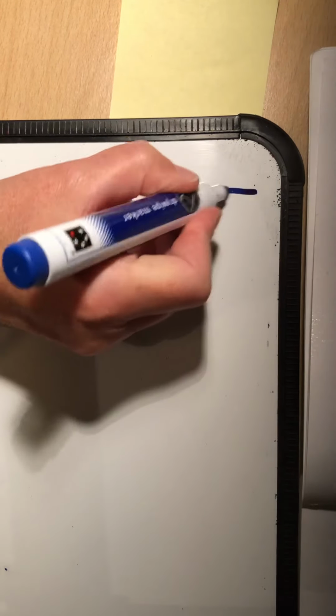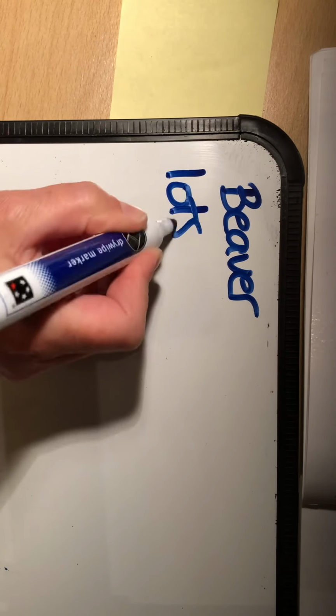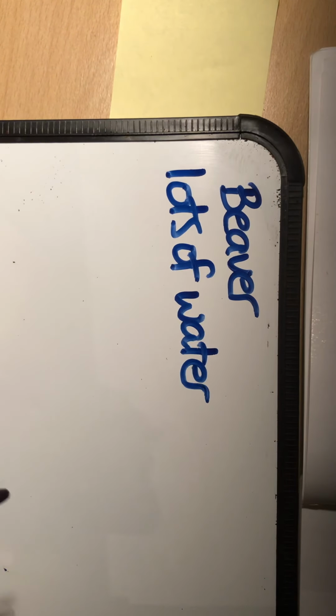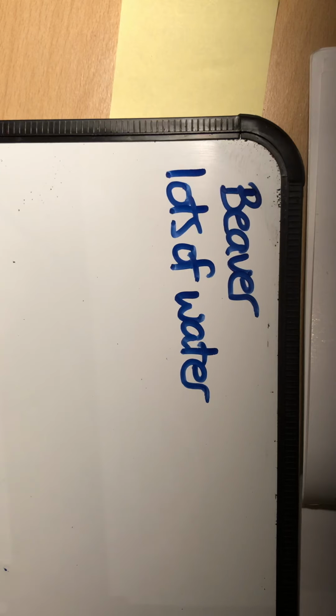Okay, so beaver lives in a semi-aquatic habitat. So beaver, basically, lots of water. Kangaroo rat is desert dwelling. So very dry.